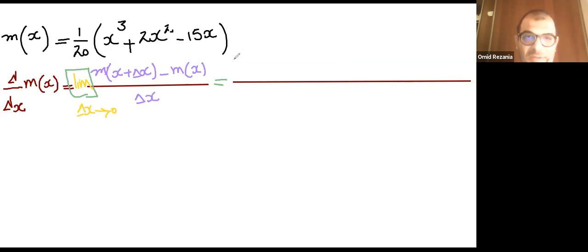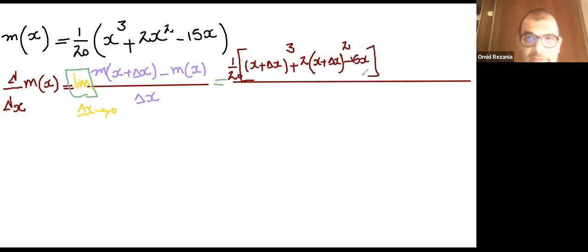I go to this equation. Wherever I see x, I put what? x plus delta x. It means it becomes x plus delta x to the power 3, plus 2 times x plus delta x to the power 2, minus 15x.